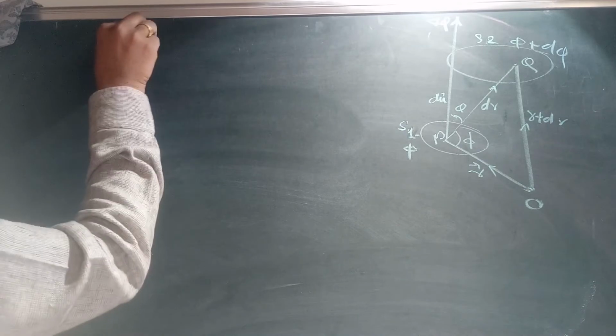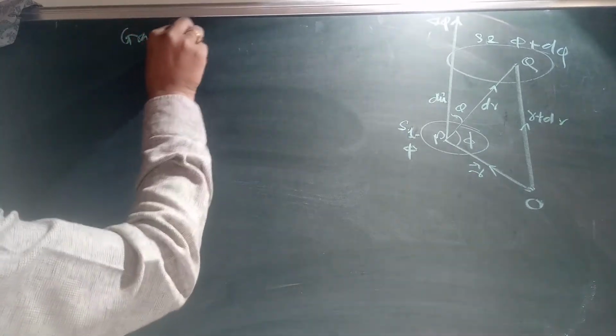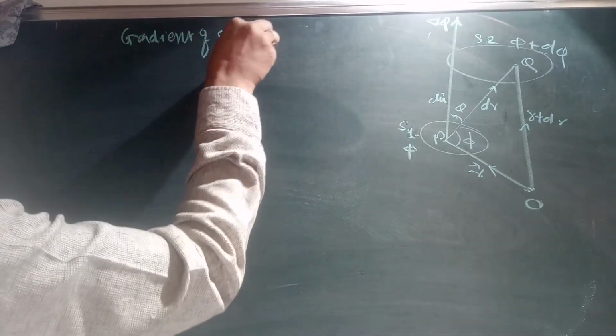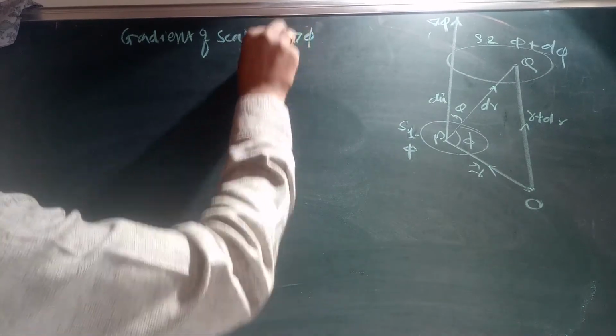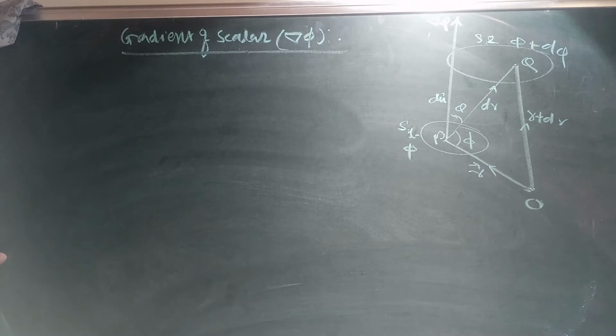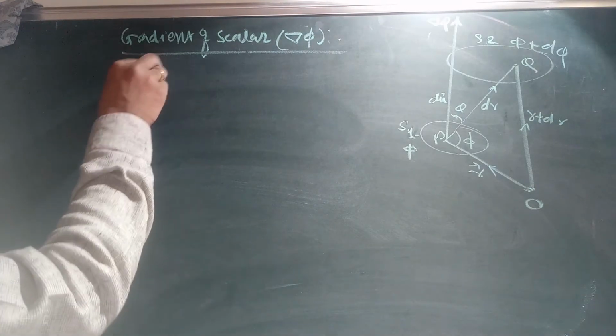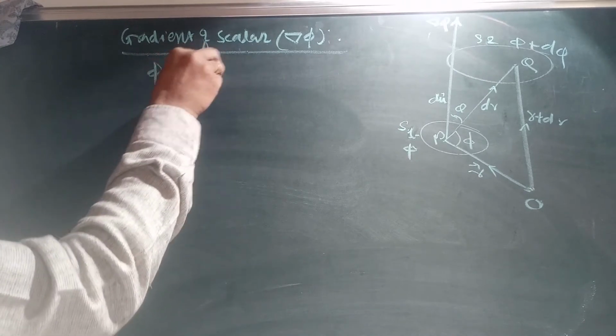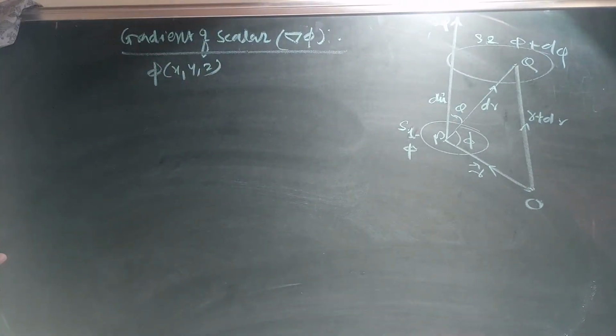So, gradient of a scalar, del phi. Here in this particular article, let's suppose phi is a function of x, y, z, which is a differentiable scalar field. Then we can have gradient phi.